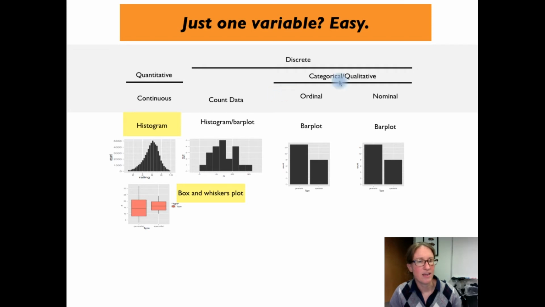If it is something that's categorical or qualitative, so you're counting the number of apples, oranges, and bananas, then that can be represented with a bar plot. And so in this case, notice these bar plots are not going to have error bars associated with them because you're just reporting the total count for different values. Okay, so that's pretty simple.